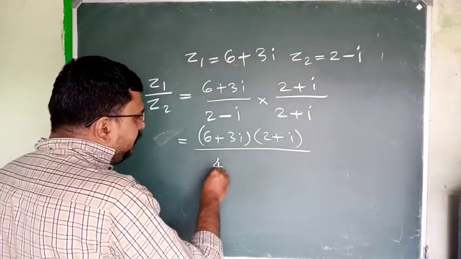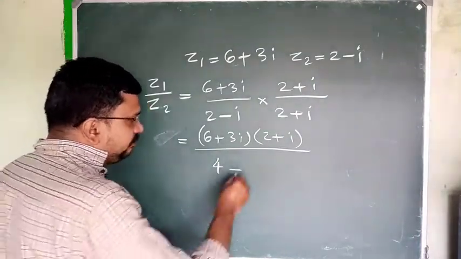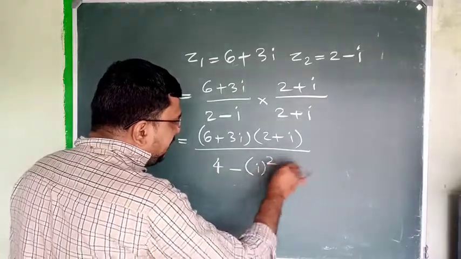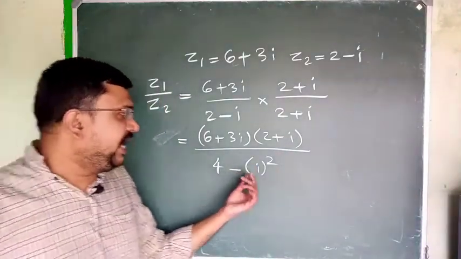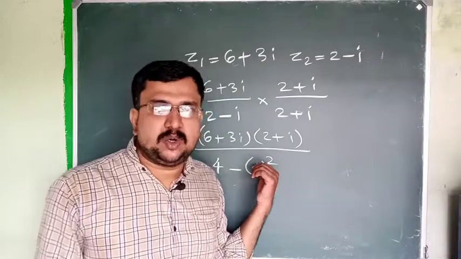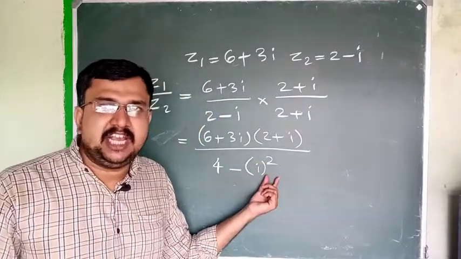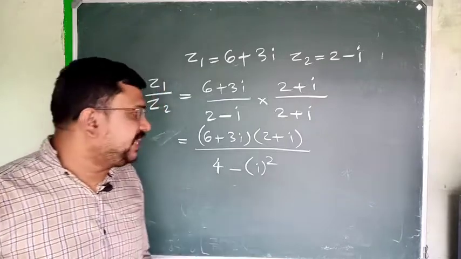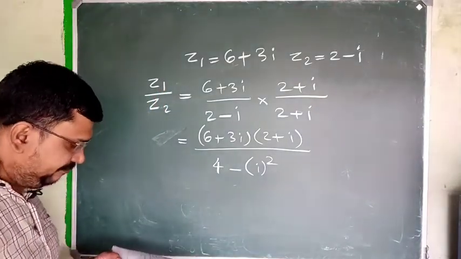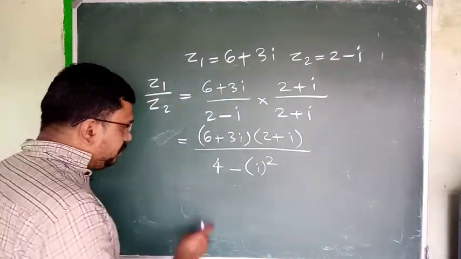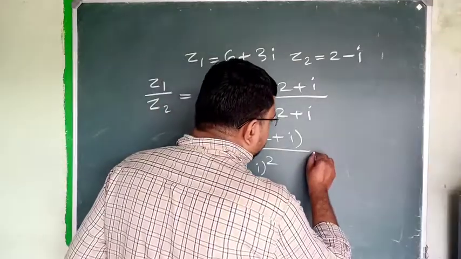That is 4 minus i square. We know that i square is minus 1. Therefore, 4 minus of minus 1, that is 4 plus 1, that will become 5.